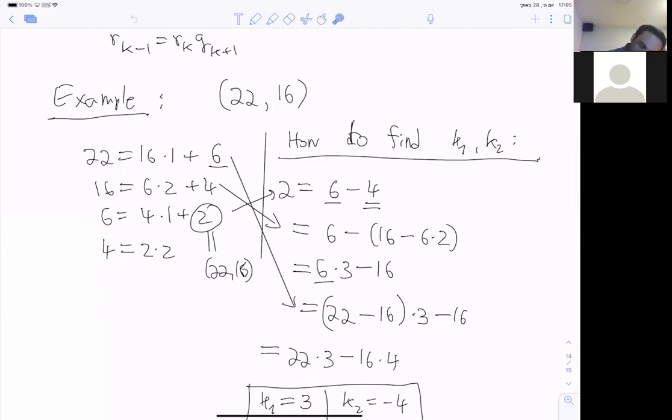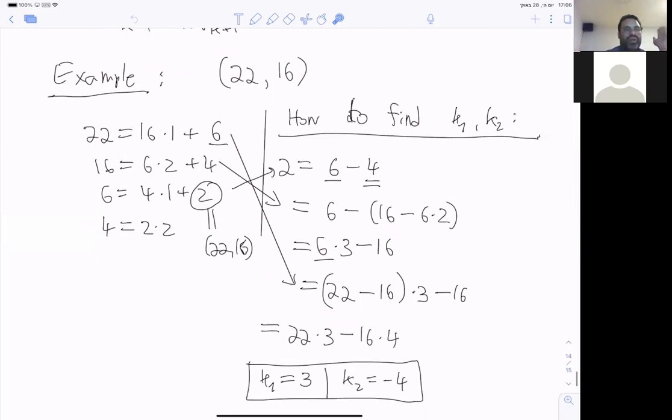Now you have 6 and 16. You translate the 6 because 16 is already the queen. We're going to see more examples today. Finally, you find this integral combination.